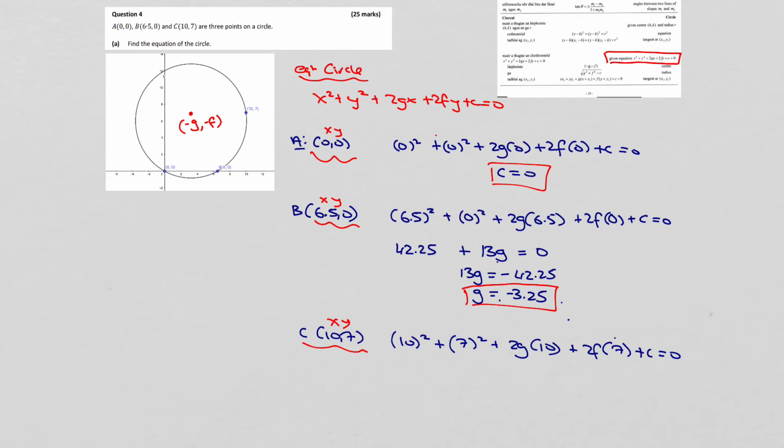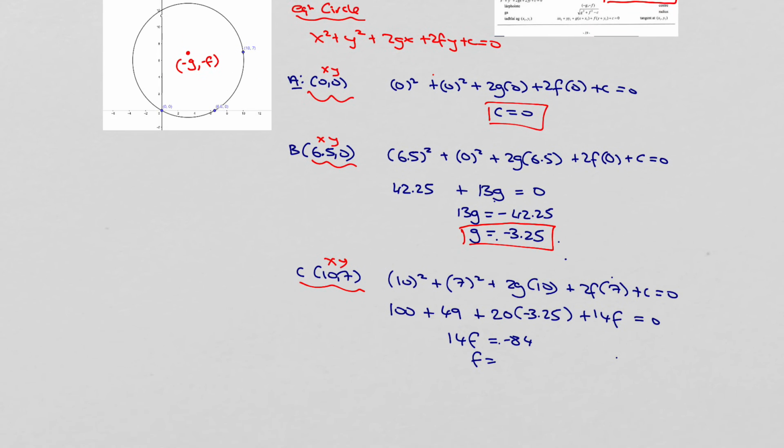And again, I can sub in for g and I can sub in for c here, which would allow me to find f straight away. So we have 10 squared, which is 100, 7 squared, which is 49, plus 20g, but we know that g is minus 3.25, plus 14f and c is 0. So therefore if I simplify that, that gives me 14f is equal to minus 84, and therefore f is equal to minus 6.